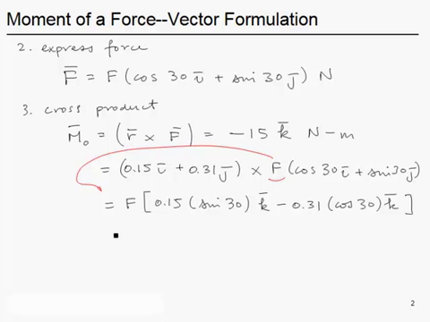And when we add that all up, we get F times minus 0.193 K. So clearly we're getting something in the negative K direction.